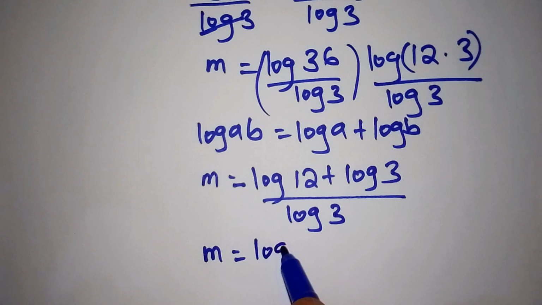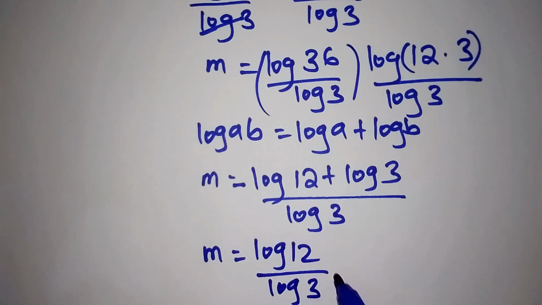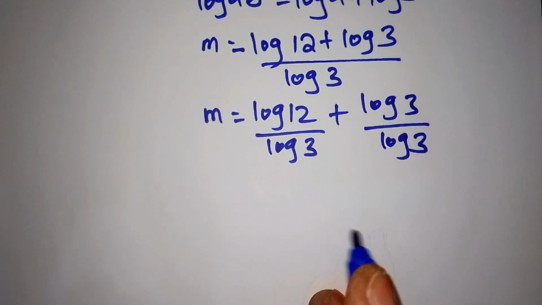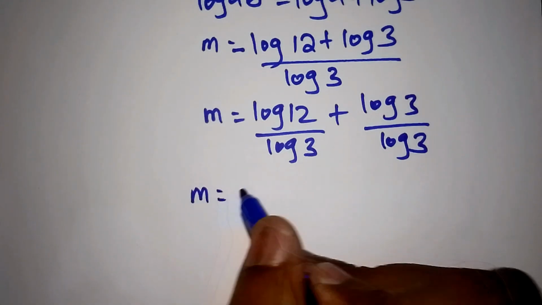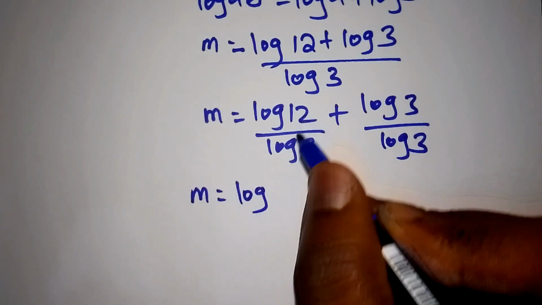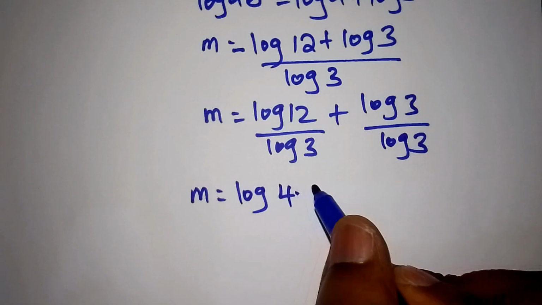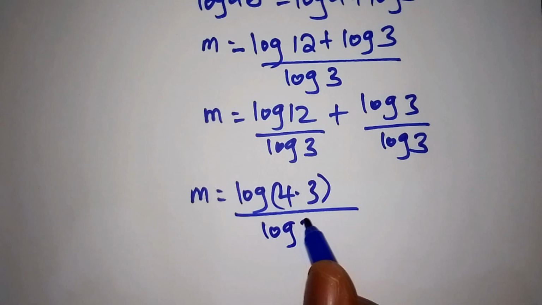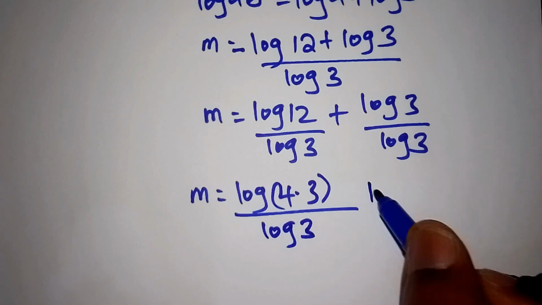So we shall have the log of 12 over the log of 3, plus the log of 3 over the log of 3. We can still proceed by having m to be, the log of 12 can be written as the log of 4 multiplied by 3, in brackets, divided by the log of 3, plus.